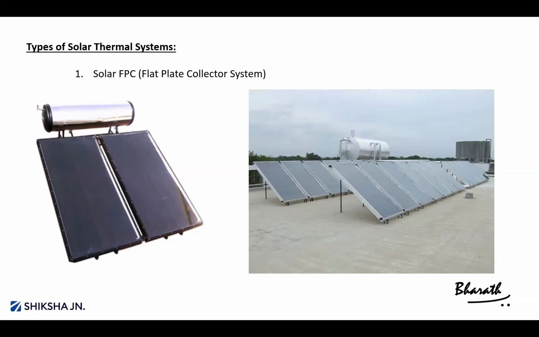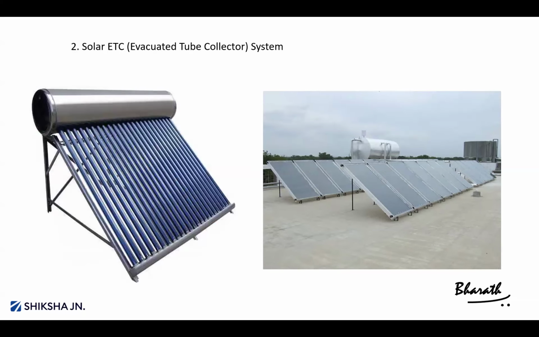If they don't have a pressurized system, like small residences and independent houses, there we can set up this evacuated tube collector system. If you select wrongly, if they have a booster pumping system and you set up this ETC based water heating system, these tubes will break, so it won't be useful.